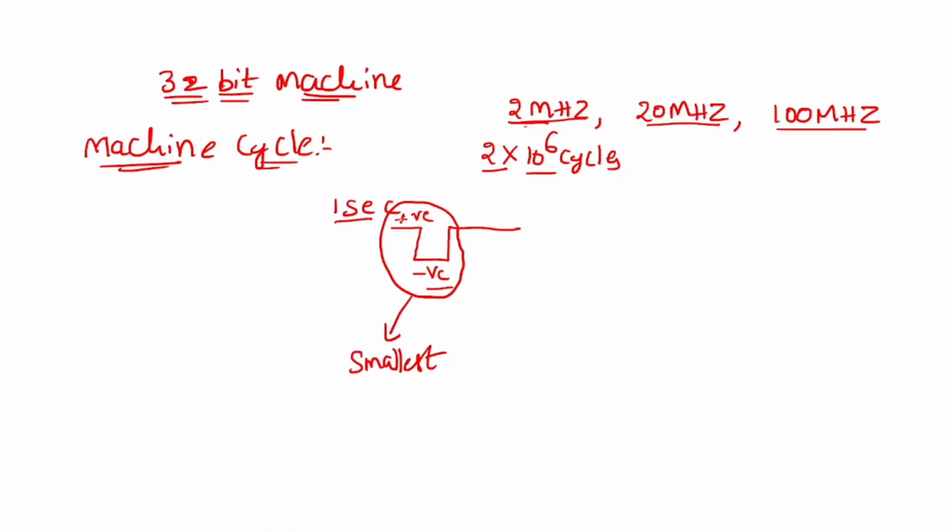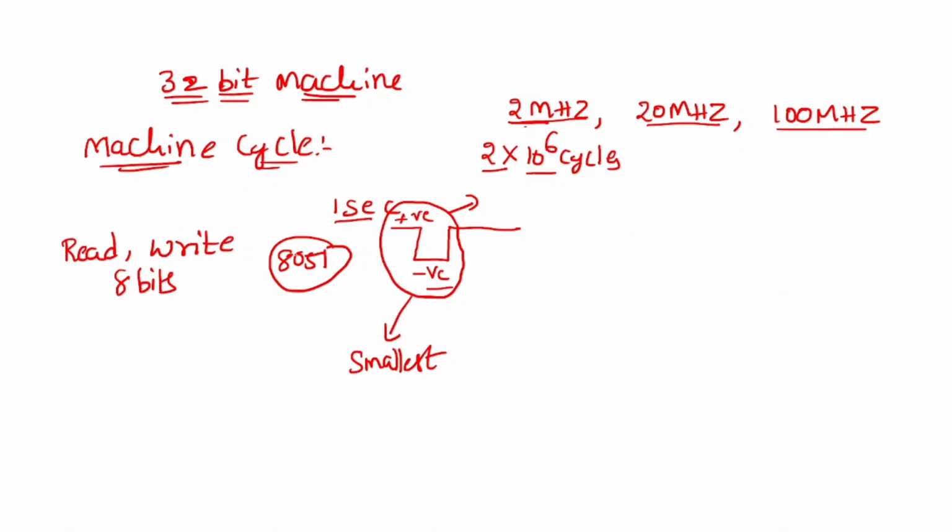Okay, now suppose our processor can read or write 8 bits in one machine cycle, then that is called an 8-bit machine. Remember, here see, suppose I have one processor or controller, the 8051 controller. I think most of you know the 8051 microcontroller.